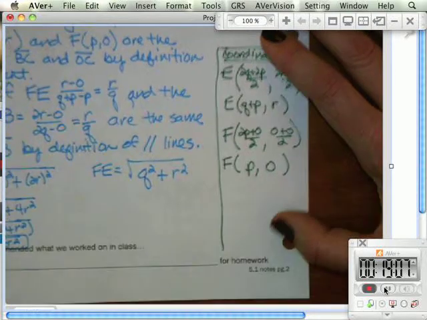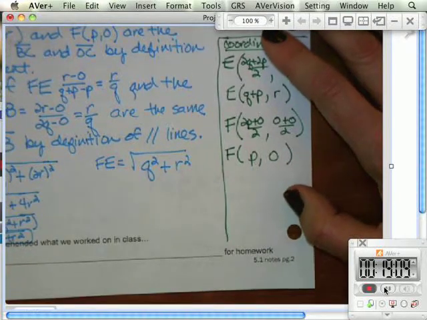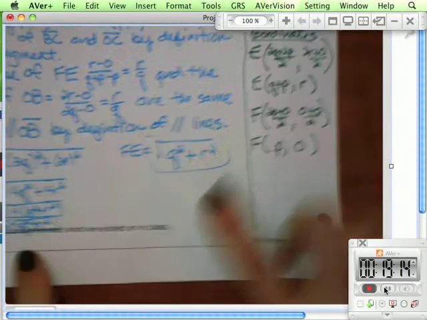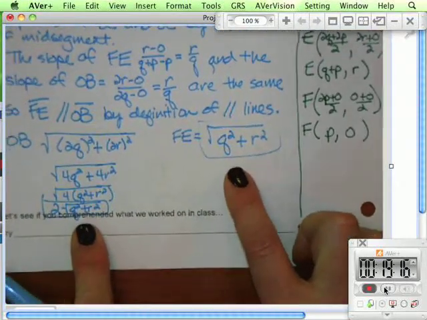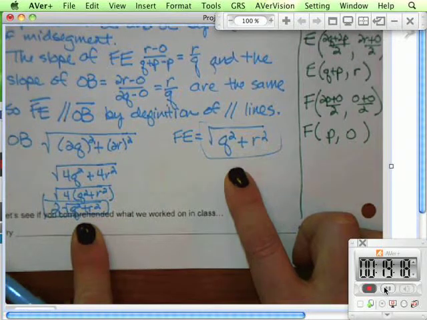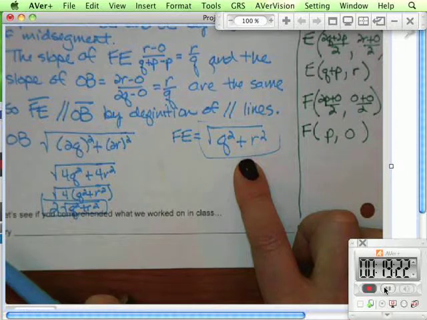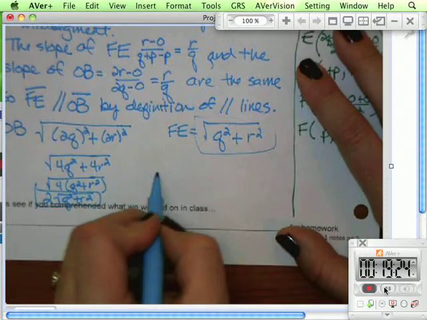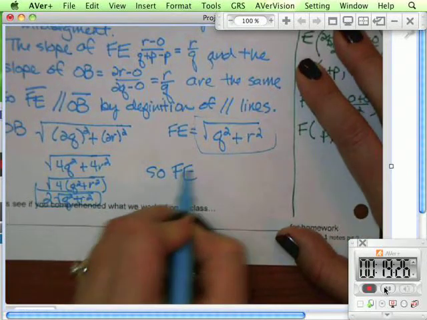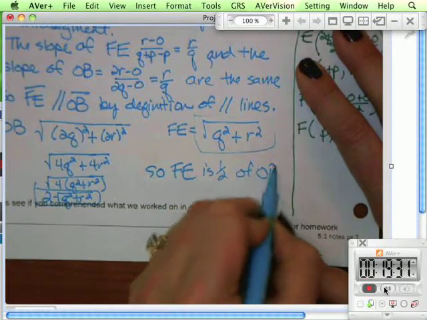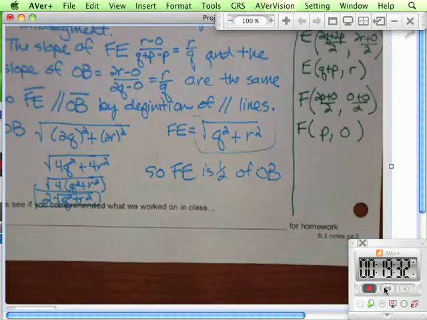Oh. Can I simplify that anymore? Is FE half of OB? See it? Because this is twice that amount. Got it? So we're just going to say, even though there's probably a better way of saying it, FE is half of OB. Was that just tons of fun or what?